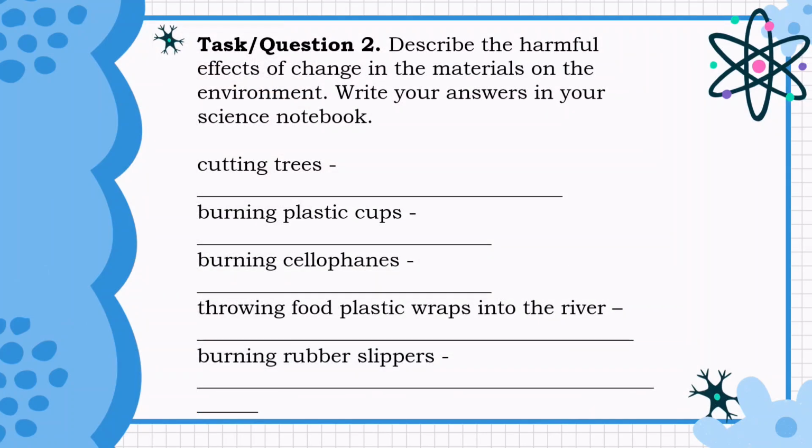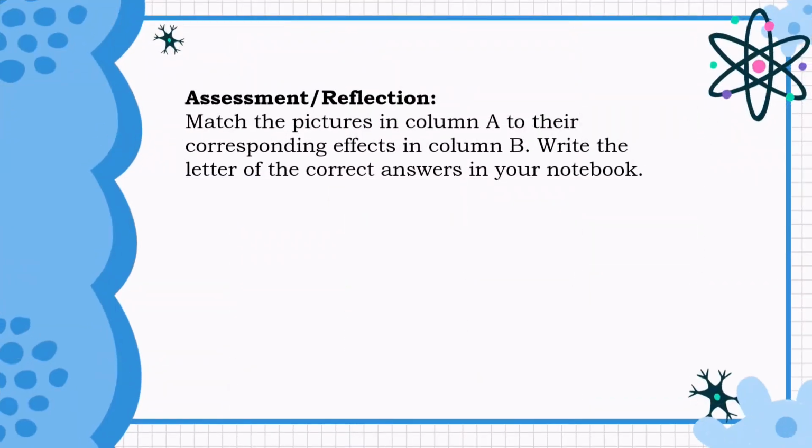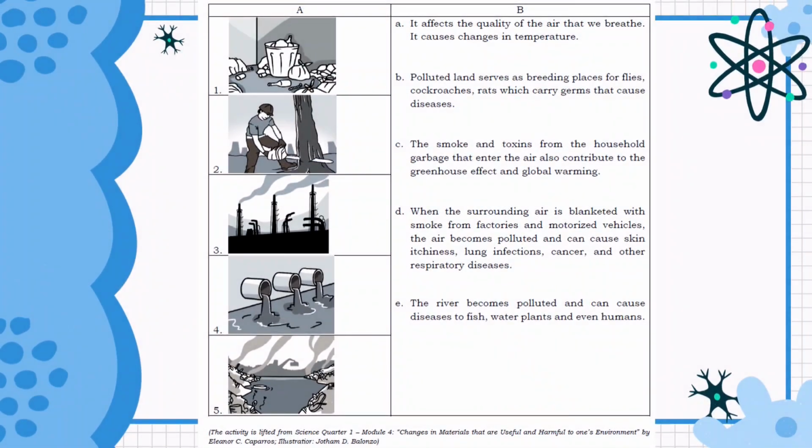Describe the harmful effects of change in the materials on the environment. Write your answers in your science notebook. Match the pictures in column A to their corresponding effects in column B. Write the letter of the correct answers in your notebook.